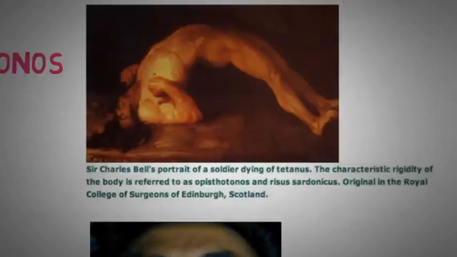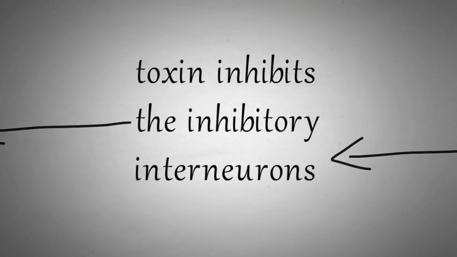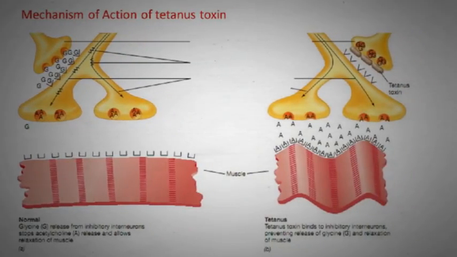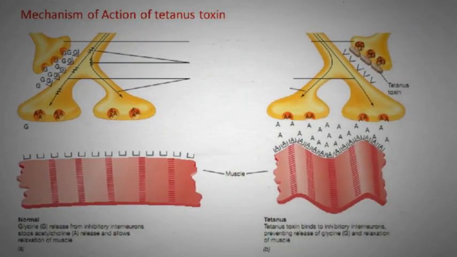Next, for those of you who wish to know the exact mechanism how the tetanus toxin inhibits the inhibitory interneurons, I will go into a bit more detail. The line diagram on the left side is that of a normal human being, while the line diagram on the right side belongs to a person with tetanus.